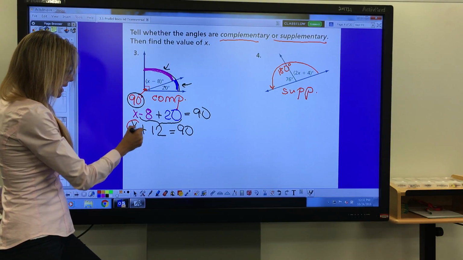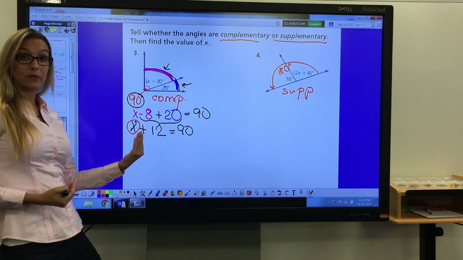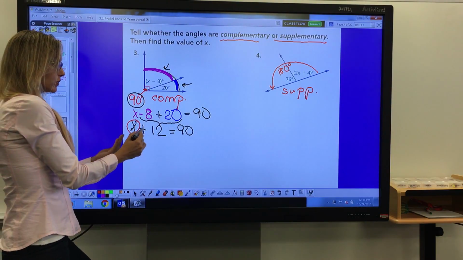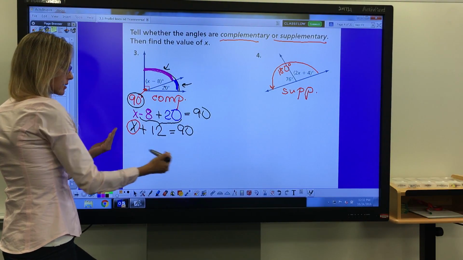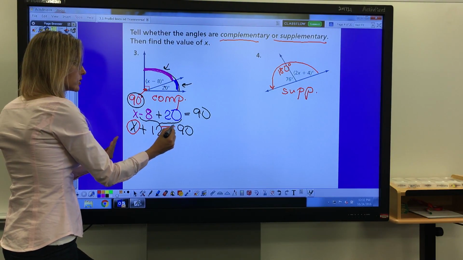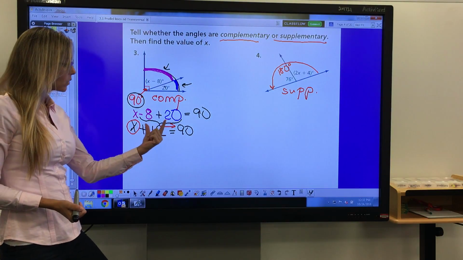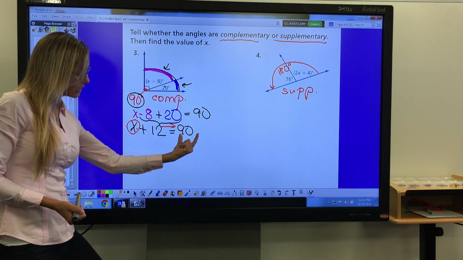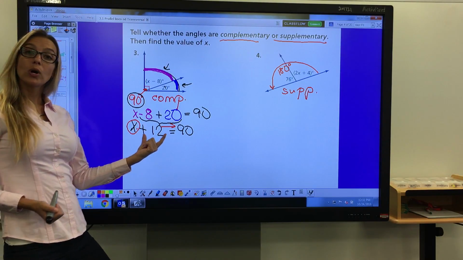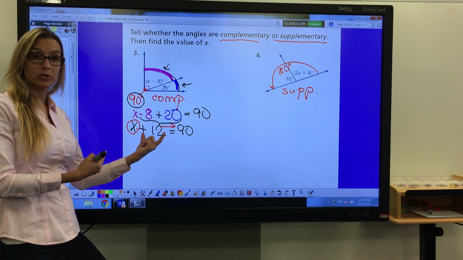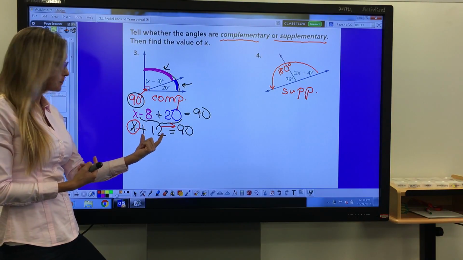To solve for x, I'm isolating my x, my variable. I have to get everything away from the x, right? So the 12 wants to go to the other side of the equal sign. It's going from left to right. To get rid of the plus 12, I have to do the opposite of what it's doing.